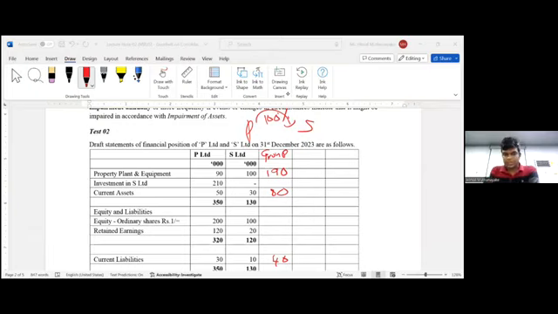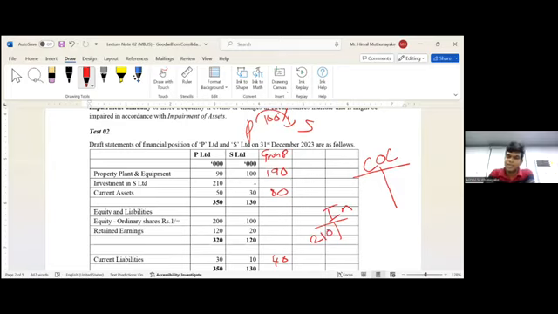Then I have to prepare the cost of control account. Every time it comes to consolidation, I need to prepare the cost of control account. I have the investment of 210, the share capital of 100, and the retained earnings of 20.